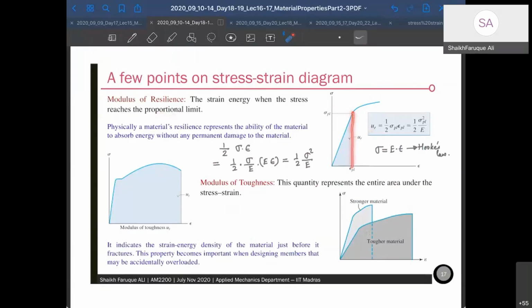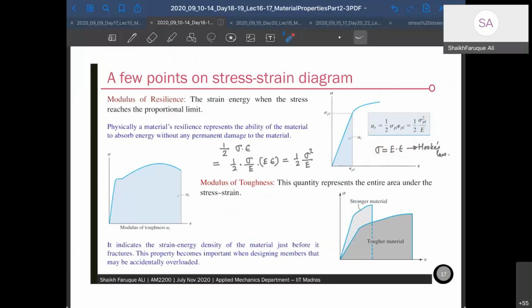These two are constant for a material, and therefore this becomes a material property. Since epsilon and sigma are related within the proportional limit using Hooke's law, we can write it as half sigma PL square by E. This is very standard and heavily used.